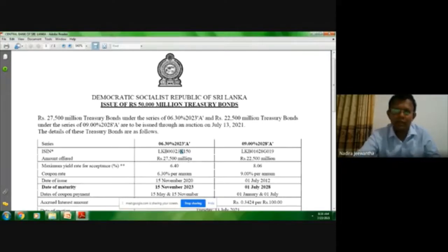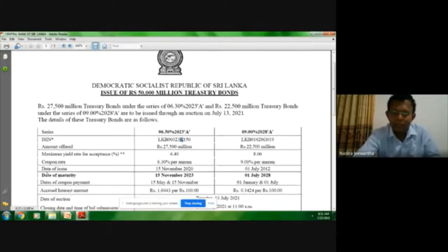Now here, if you take K: A, B, C, D, E, F, G, H, I, J, K, that's 11. 11 months. So the 11 means what? November. Now see that here they have given the maturity as well.